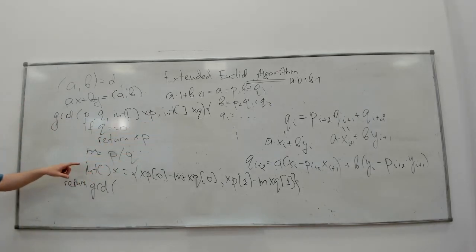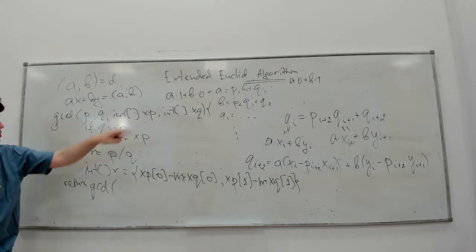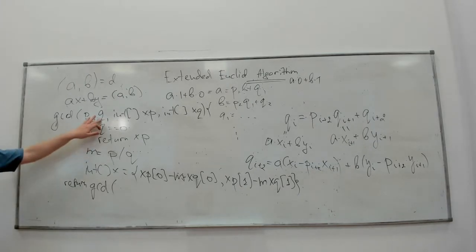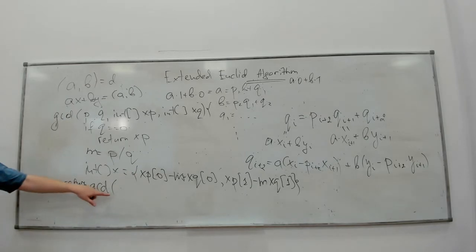It has four arguments: P, Q, XP, XQ. And we know that the next part of the Euclid algorithm is running on Q and the remainder of P divided by Q. So what should I call here?